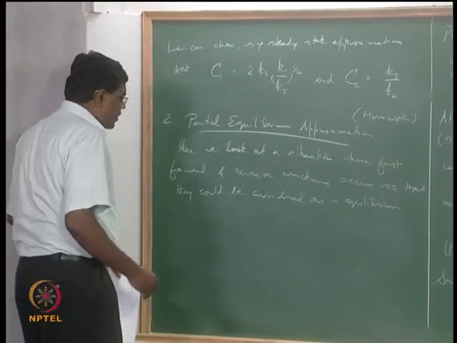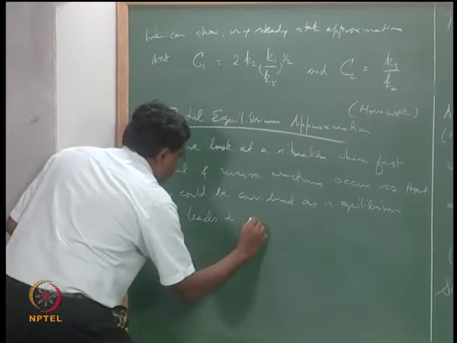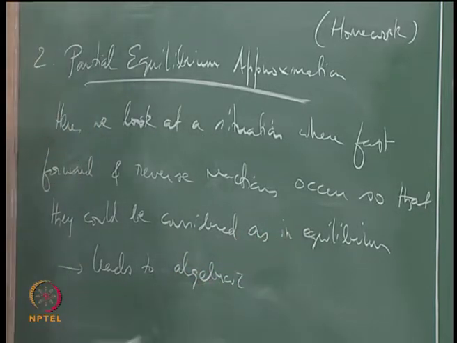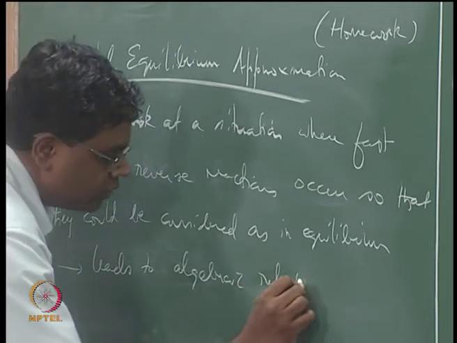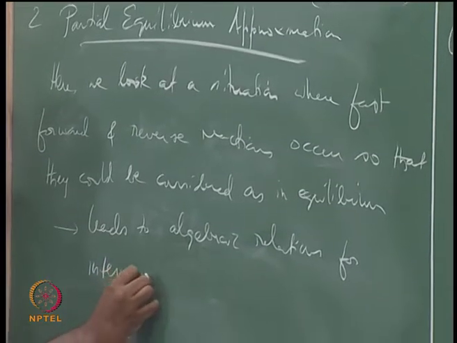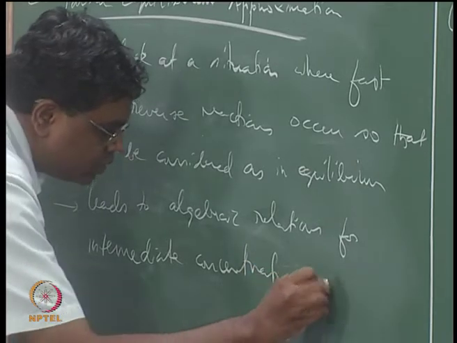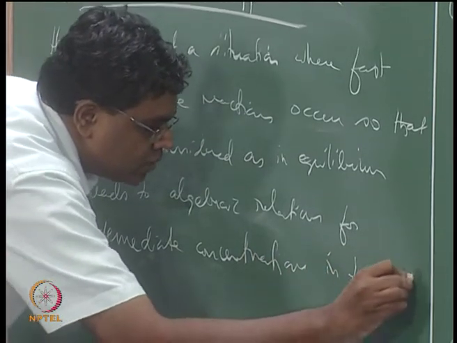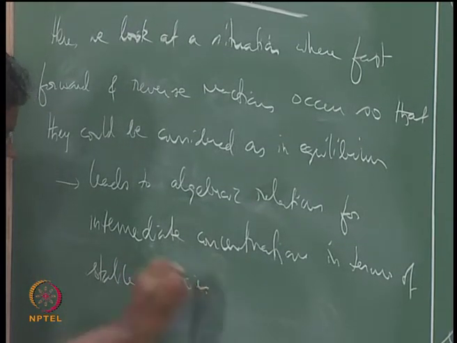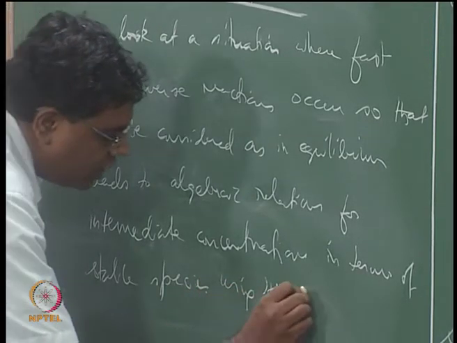So and this leads to algebraic relations for intermediate concentration in terms of stable species, okay, using the equilibrium constant.